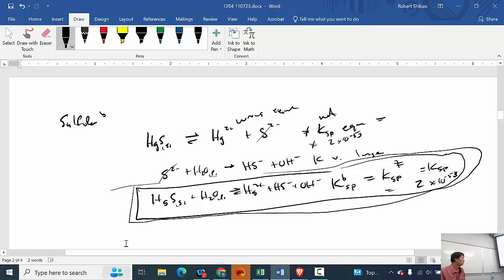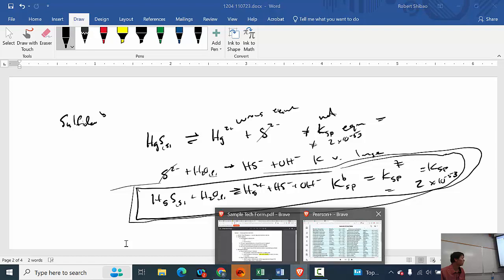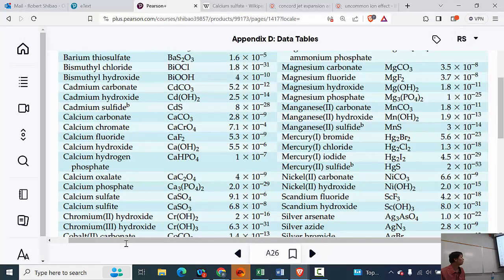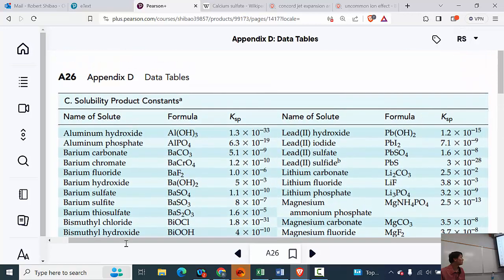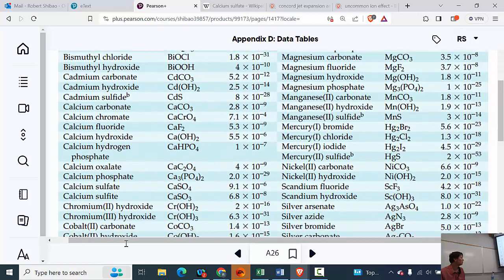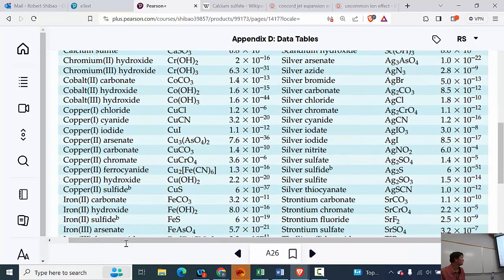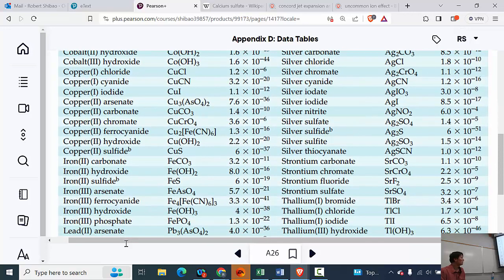And so, unfortunately, the student who came up to and asked me didn't know about the sulfides. And so here, this is going to be FeS plus water yields Fe2+ plus HS- plus OH-.